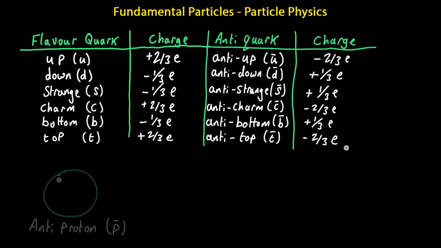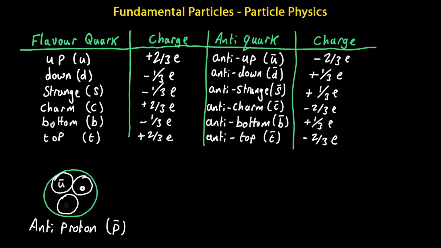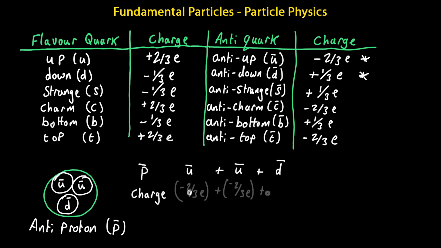So an antimatter proton is made from two antimatter up quarks and one antimatter down quark. And when we sum up the charges of the antimatter quarks, the sum total comes to -e.